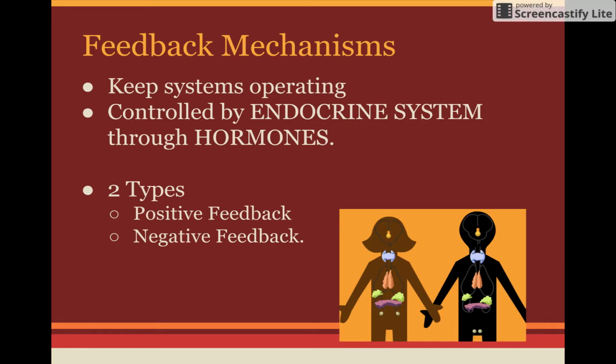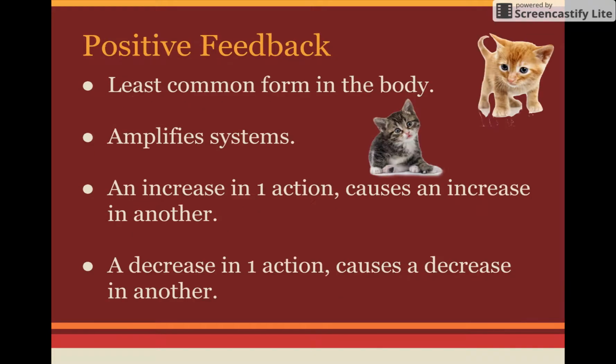But positive has one major example, and we're going to go through that first since it's the least prevalent, the least common in the body. This is an amplification system. If feedback loops are new to you, all this means is that increasing one action in the body causes an increase in another.